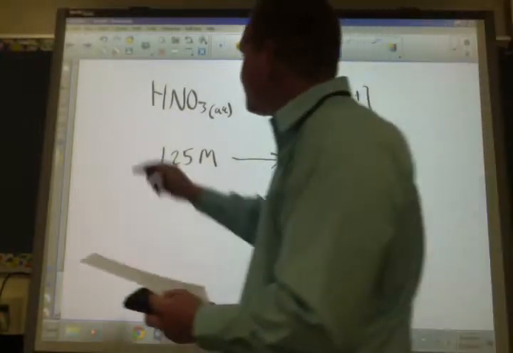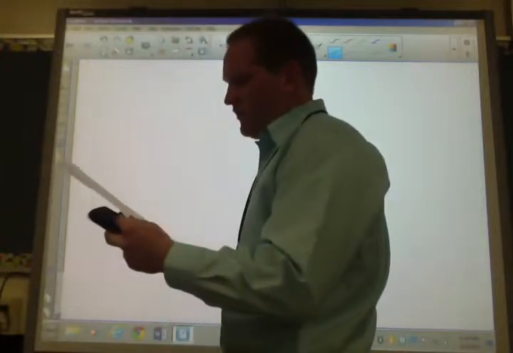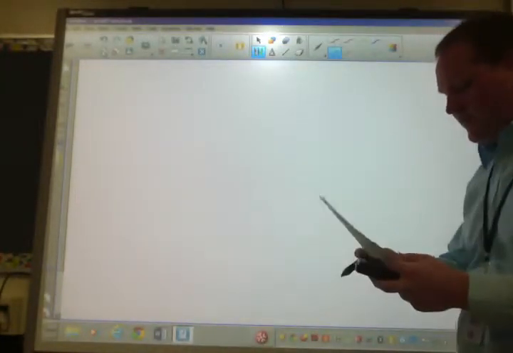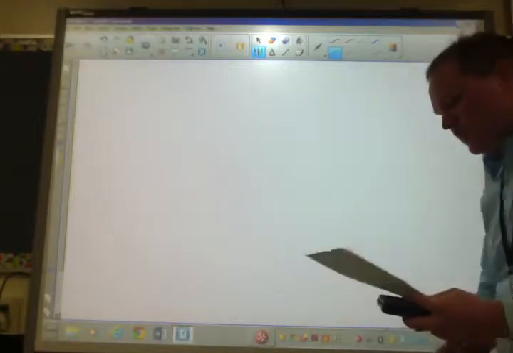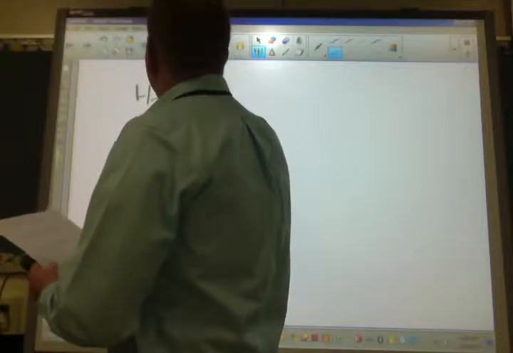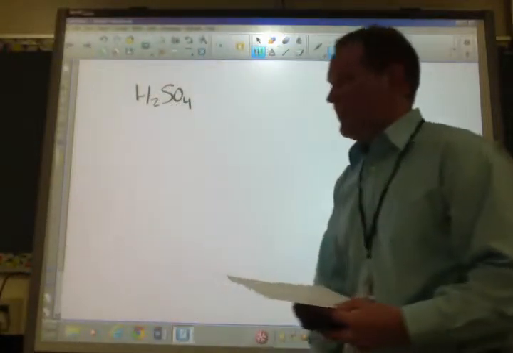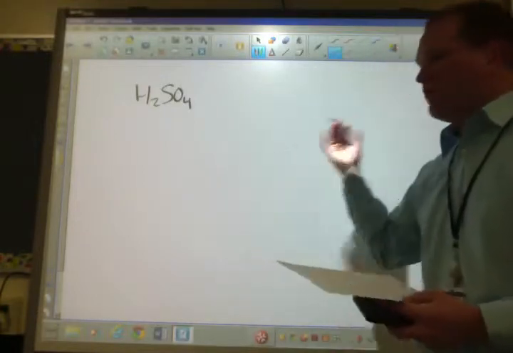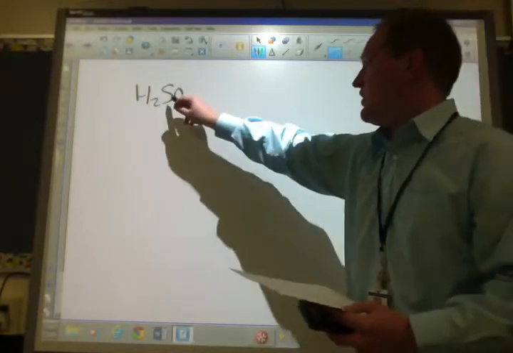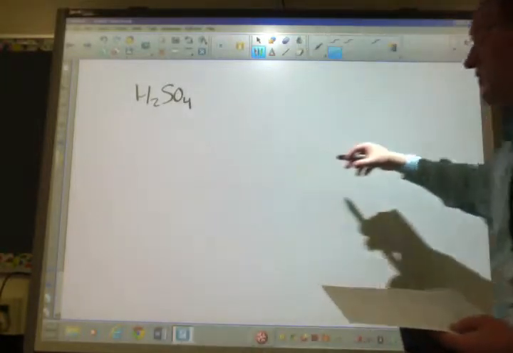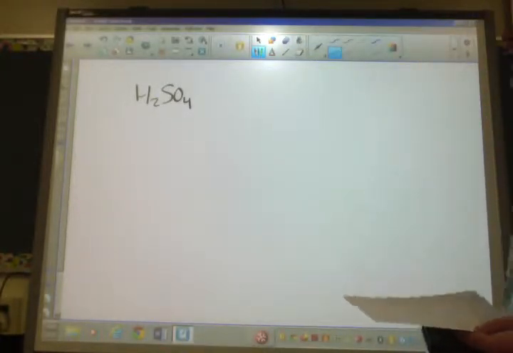Number 9. What is the pOH of a 0.0200 molar solution of sulfuric acid? So another strong acid, but this one is diprotic. So H2SO4 is going to produce 2 hydronium ions for every one of these. If I were to draw the equation out, it would be basically this turns into HSO4 minus, and then HSO4 minus turns into SO4 2 minus.